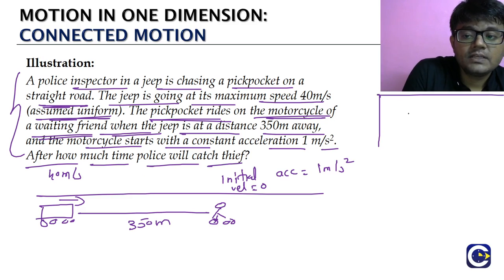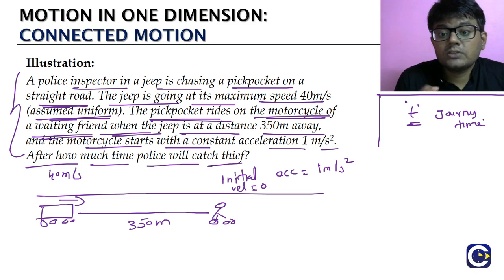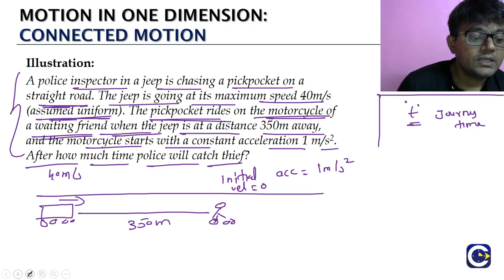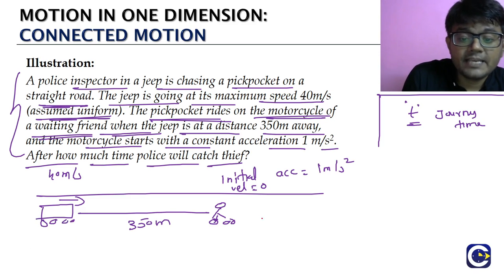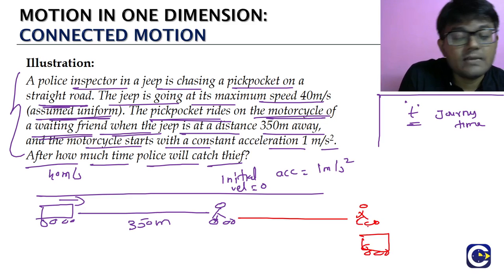So let us say T is the journey time. So here also, same concept. When do we say the police is able to catch hold of the thief? When, in this time, the police and the thief are at the same location. That is what we call catching.